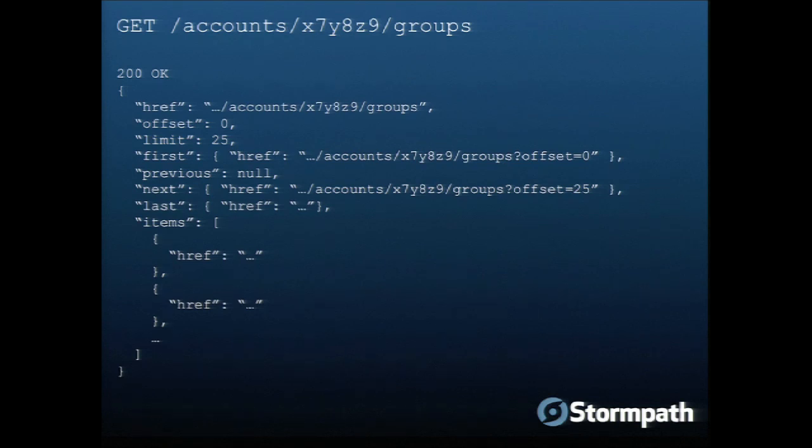So this is the first representation that we've seen of what a collection resource looks like. And you might have noticed a bunch of times I've been calling this a collection resource, not just a collection. The reason why is that if you look at this, it is its own resource, and it just happens to encompass a collection of items.